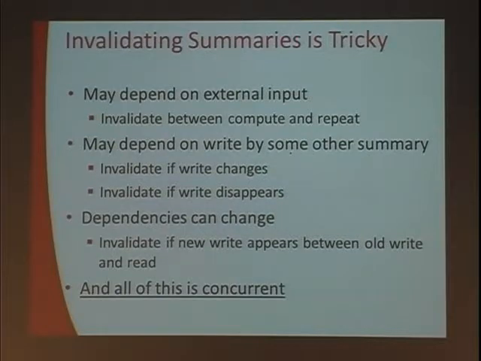And the dependencies between the computations can change. So at the end of an invalidation and a repeat phase, you want your invariant about the revision diagram to be maintained. That is, you want to be able to take another modification and do it all over again. So you also have to update incrementally all the internal bookkeeping that we're keeping. And you have to do it all correctly and concurrently.